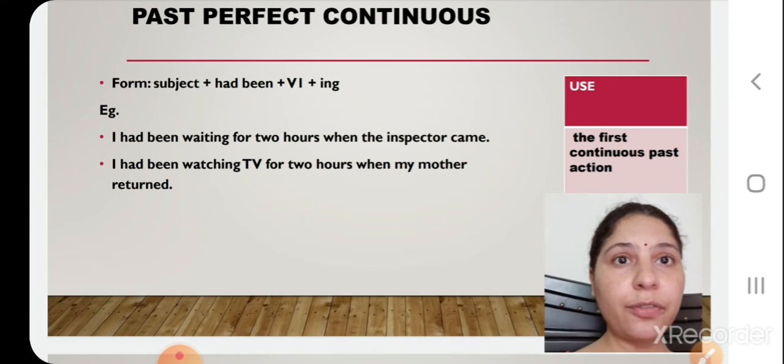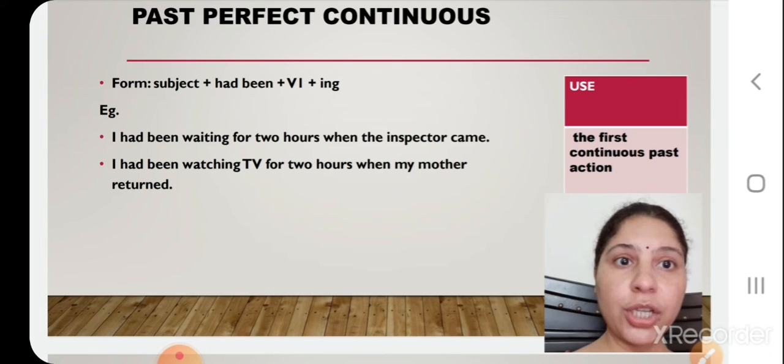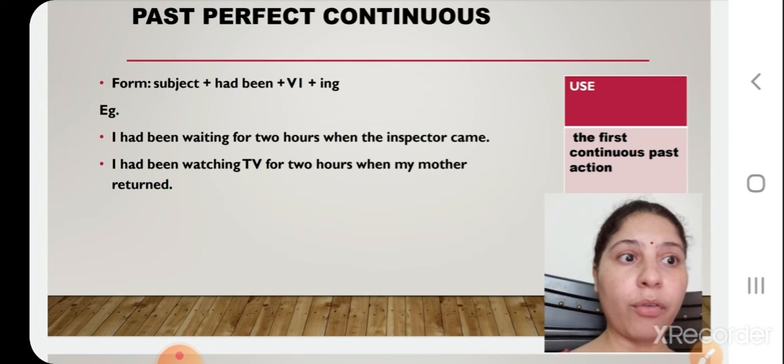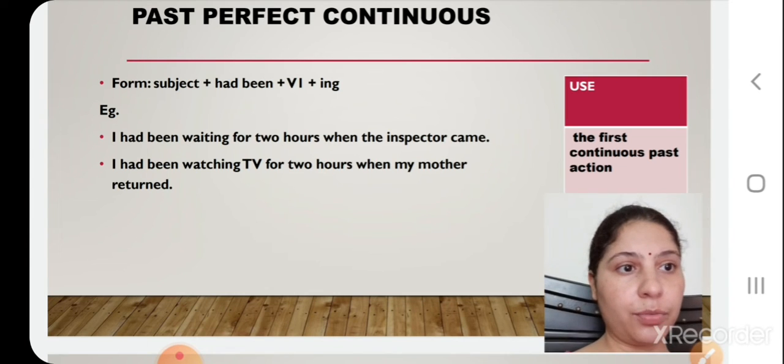So that is the difference between past continuous and past perfect continuous, children. So if you mention the duration of time of the first action continuing, it becomes past perfect continuous. If you don't mention the duration of time, it becomes past continuous tense.